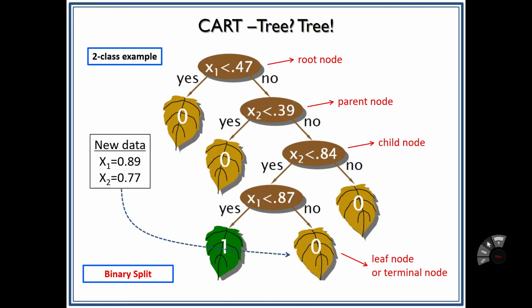This method is called tree-based classification because it looks like a tree, but upside down, with the downside up. So there is some terminology that we should know before going through this decision tree. Here is a two-class example where the classes are 0 and 1.